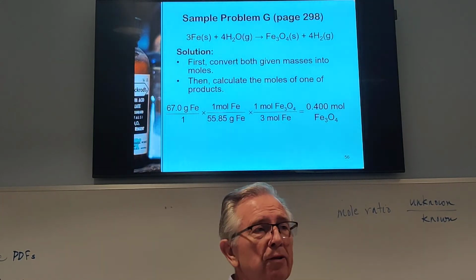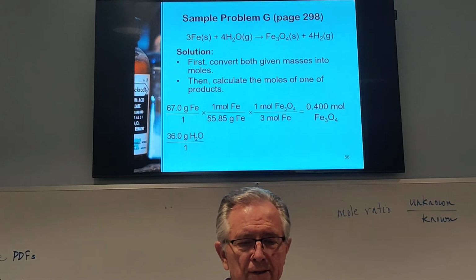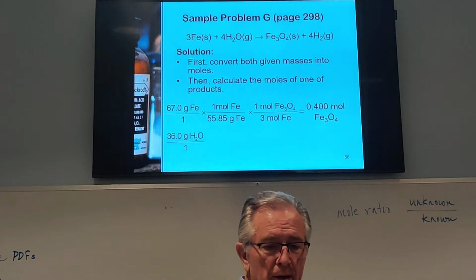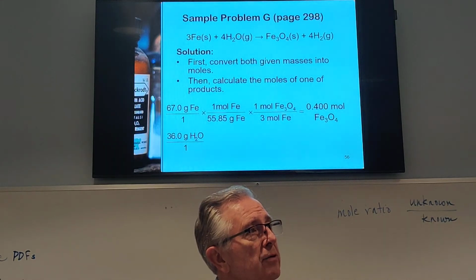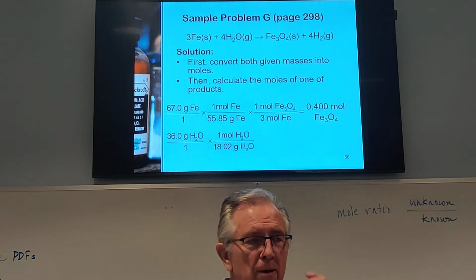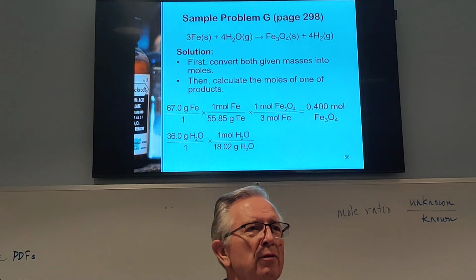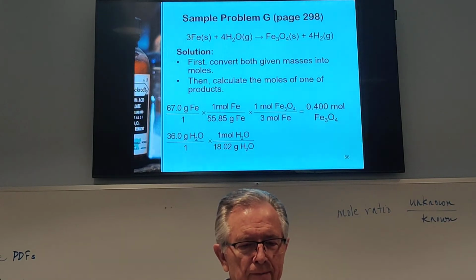Now let's try the other one. Let's try the steam. What if all the steam gets used up? It said we had 36 grams of water. The next thing after mass is the molar mass of water, which some of you probably have memorized: 18.02.